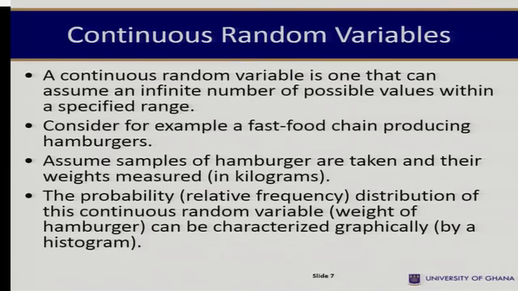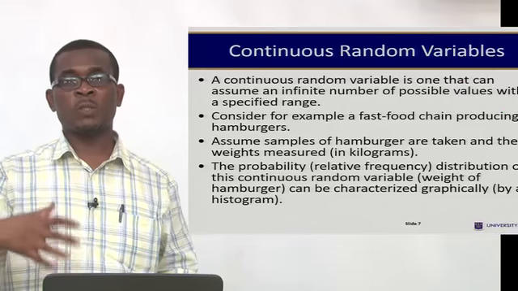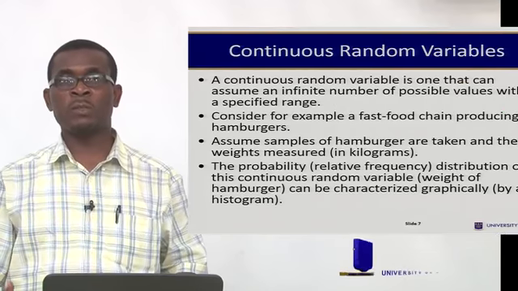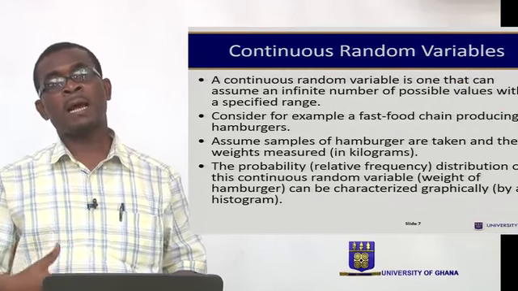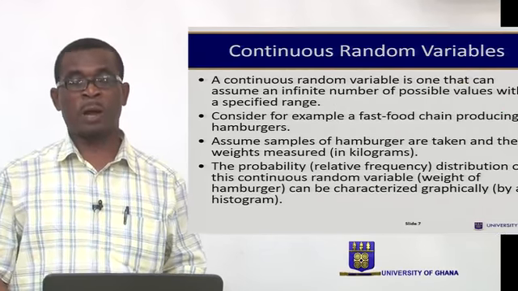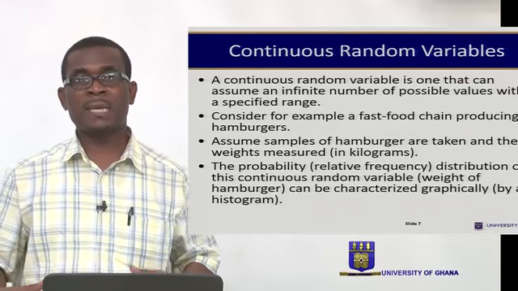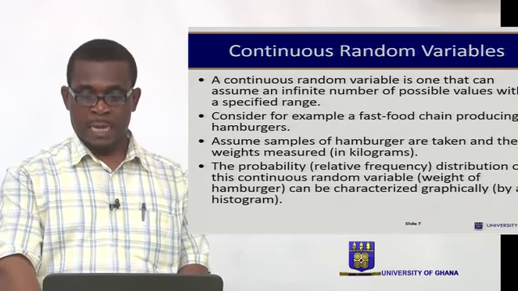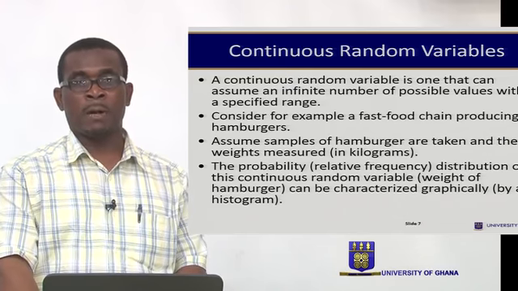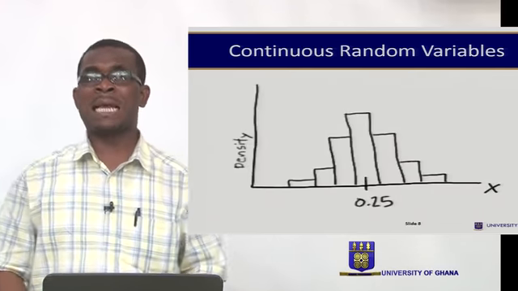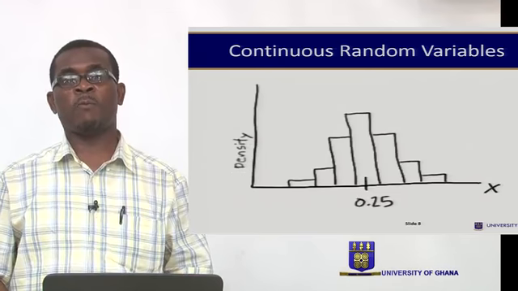So when you measure, let's say, a sample of 100 hamburgers, you might not get the same size even though they are priced the same. It is possible for us to put this in a frequency distribution and then draw the histogram associated with that.